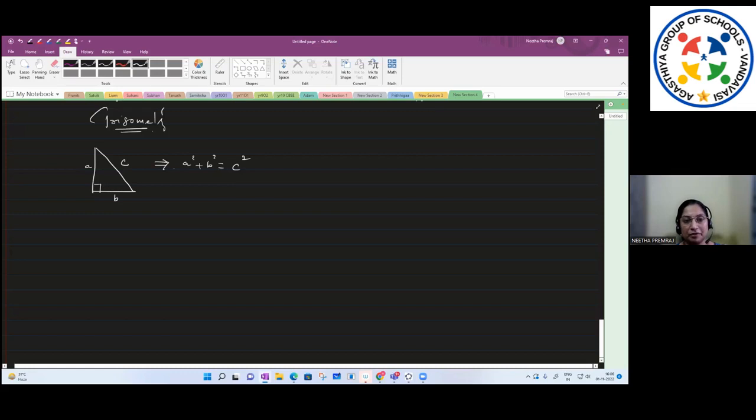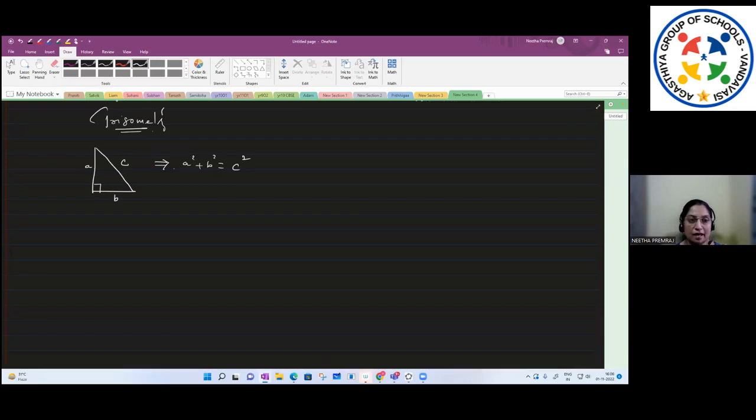So now we will see the relation between the angles and the sides. For that, I would like to introduce trigonometric ratios. There are six trigonometric ratios.